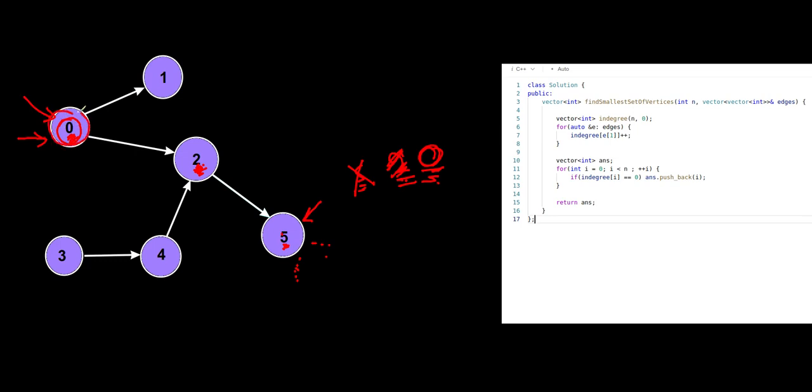That means this is the parent of all the nodes under it, and this should be part of the solution, because there is no node from which we can reach 0.